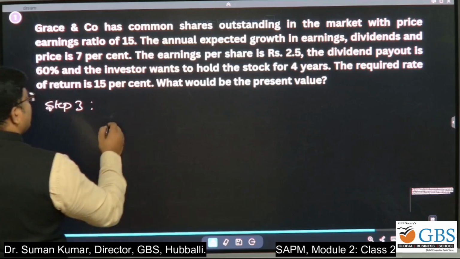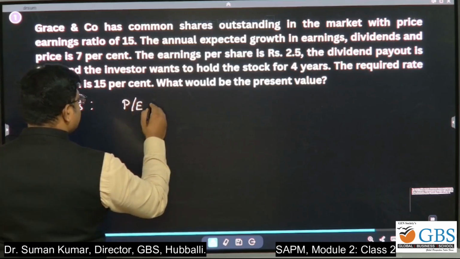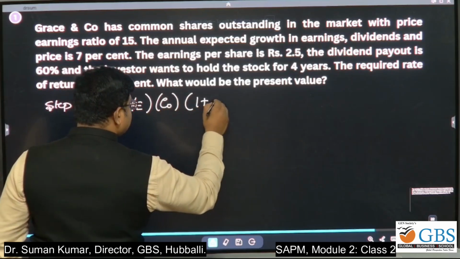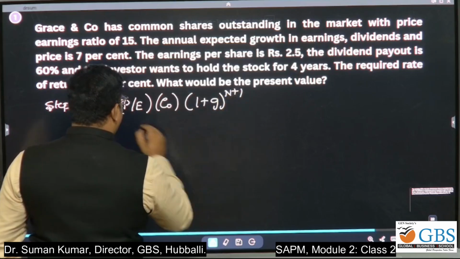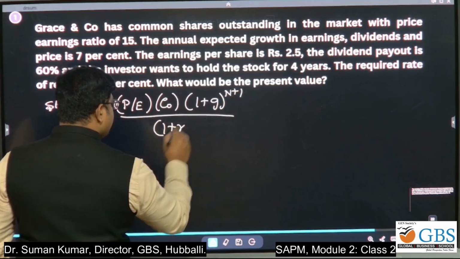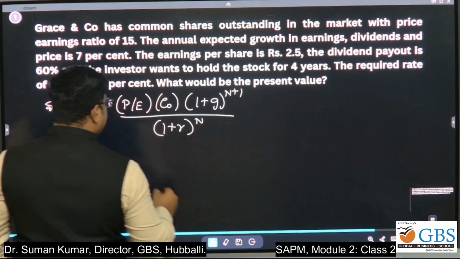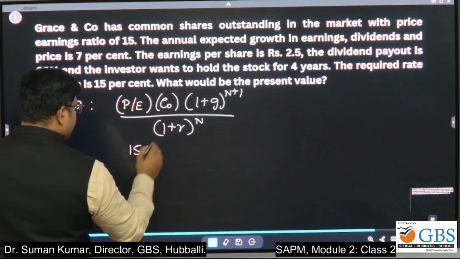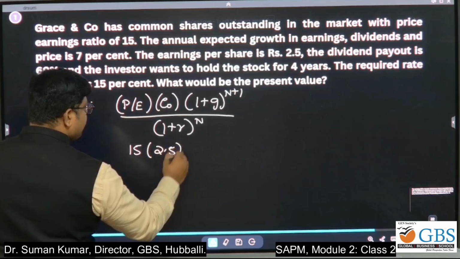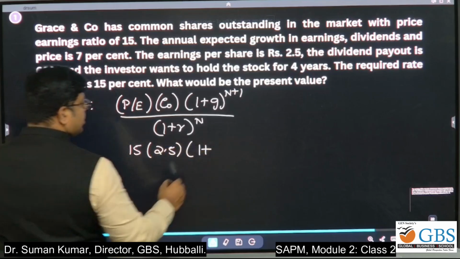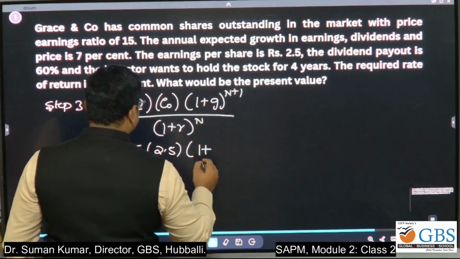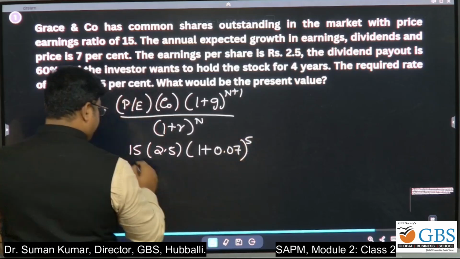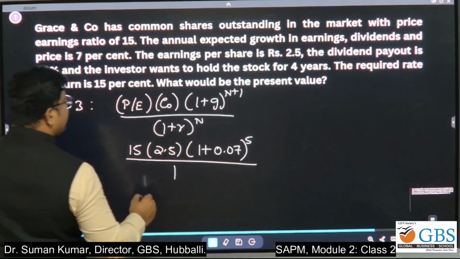Okay, what is the formula? PE ratio into E naught, 1 plus G raised to n plus 1 divided by 1 plus R raised to n. So this part. Okay, what is PE ratio? 15 into 2.5, 1 plus G, raised to 5, 1 plus required rate of return.